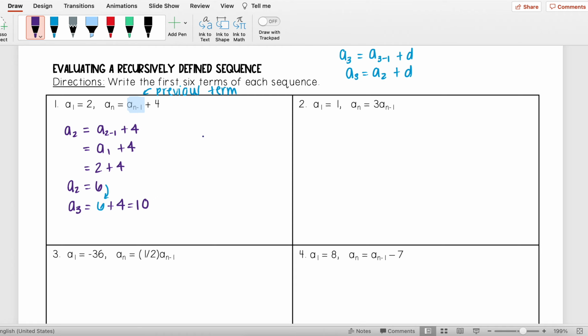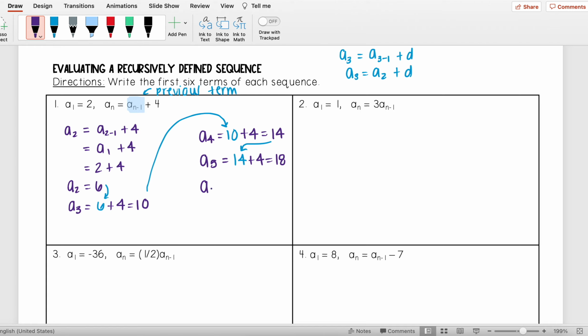Let's try that with the next one. Now I have a4 is equal to the previous, which is 10, plus 4, which is equal to 14. a5 is equal to the previous, which is 14, plus 4, which is 18.